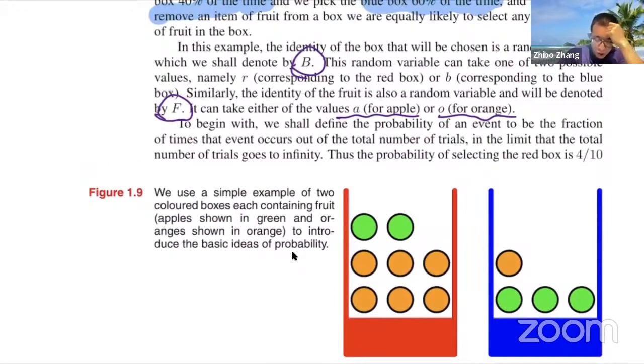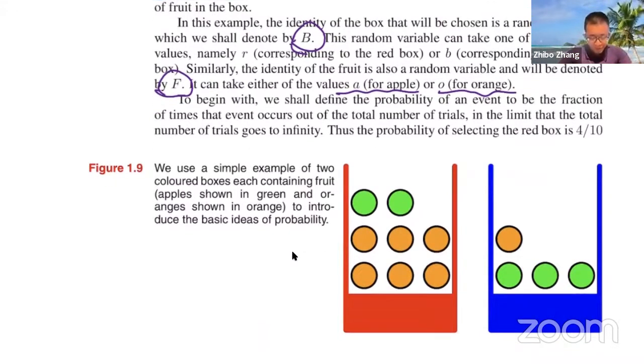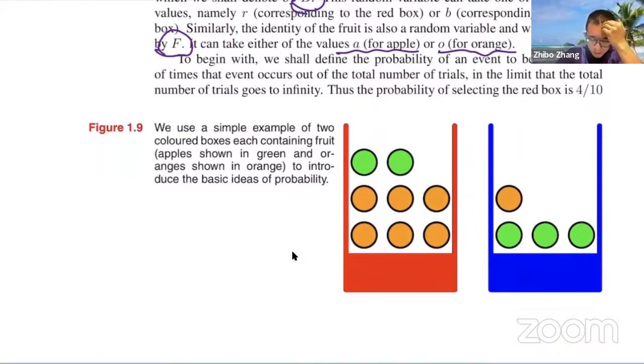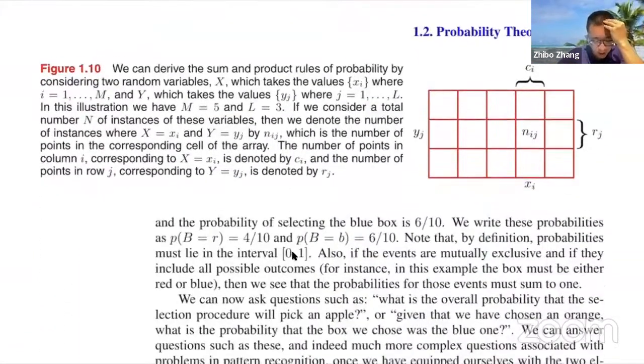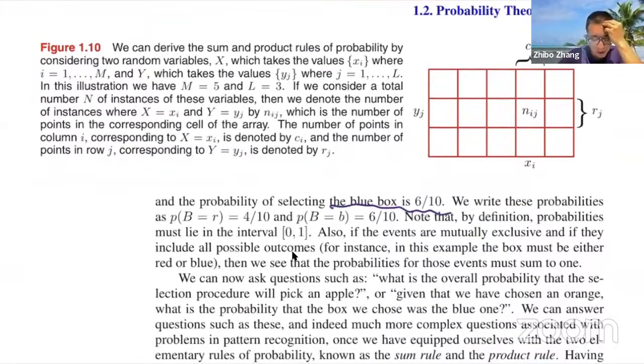To begin with, we shall define the probability of an event to be the fraction of times that event occurs out of the total number of trials, in the limit that the total number of trials goes to infinity. The probability of selecting the red box is 4/10, and the probability of selecting the blue box is 6/10.